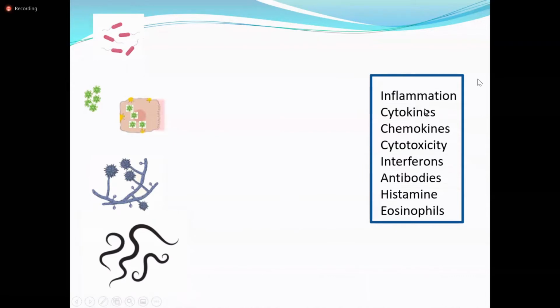Whether we generate an inflammatory response, we also need to produce particular cytokines to deal with these. The T cells need to express different sets of chemokine receptors to direct them to the various sites where those infections occur. If they're viruses, you need to mount interferons to produce the antiviral effect, and so on.